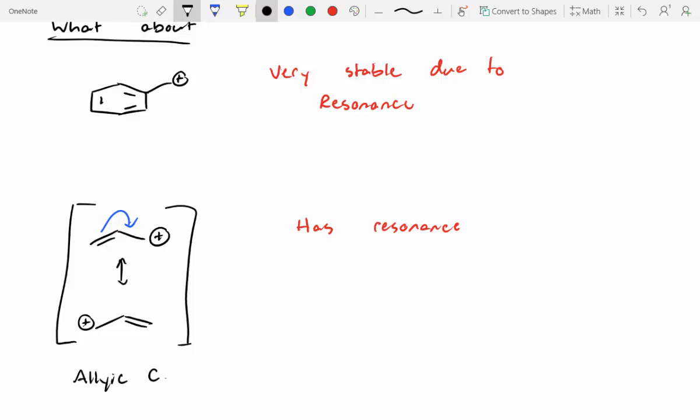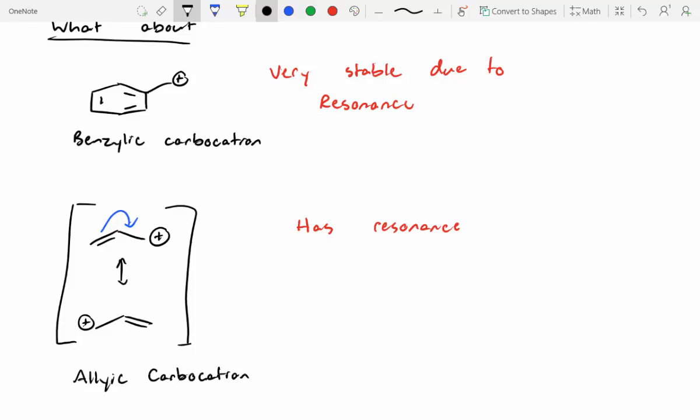This is our allylic carbocation. You might see these pop up. The top one's called benzylic. So make sure that you always remember to check for resonance when you're assessing the stability of carbocations. Does that make sense?